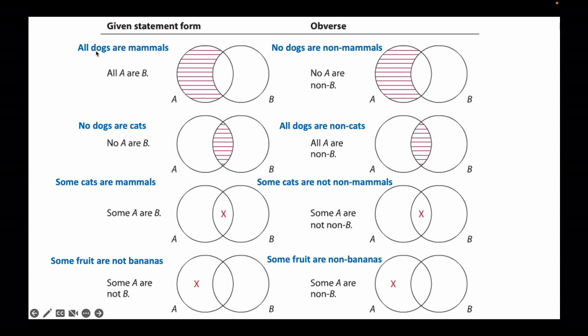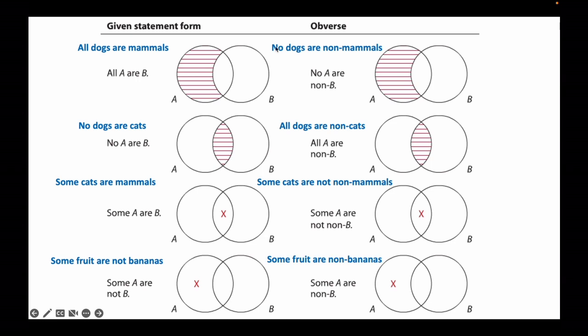If I say that all dogs are mammals, and now I say the obverse, that no dogs are non-mammals, I'm exactly saying the same thing as the A form.